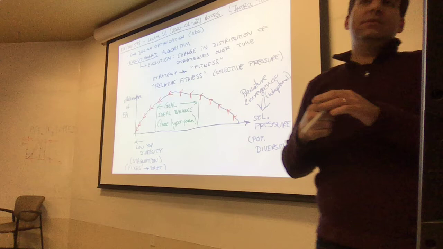Selection pressure is a property of the population. So let's just say that today we're all in different colored shirts. But tomorrow, for some reason, something weird happens in the building, and everyone wearing a green shirt has suddenly a 90% chance of dying, and everyone else is fine.